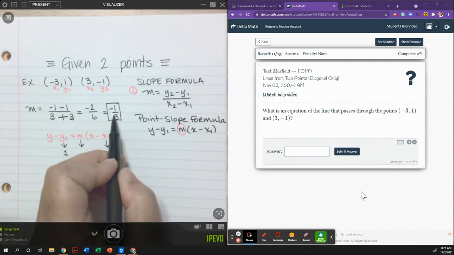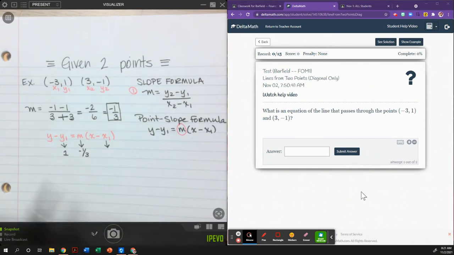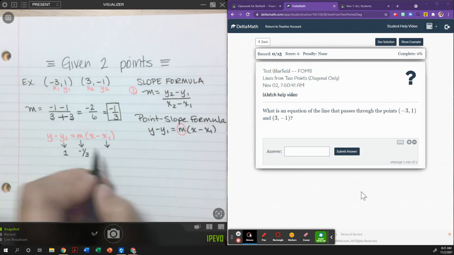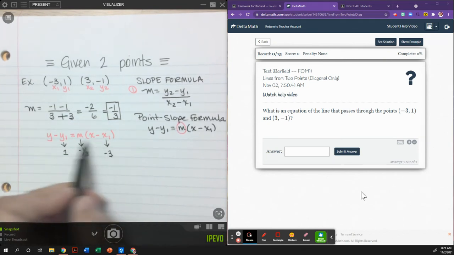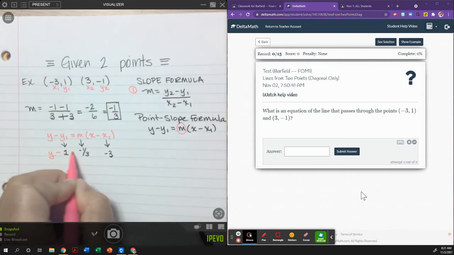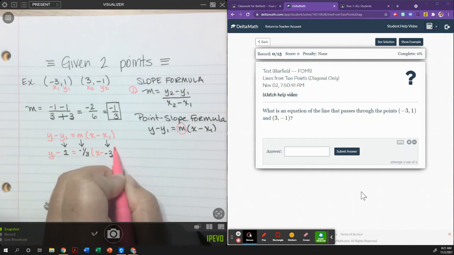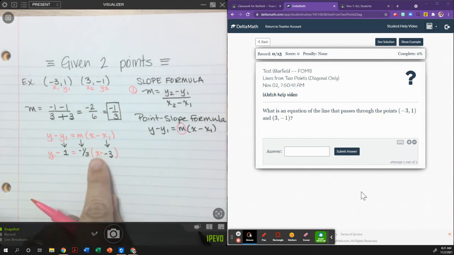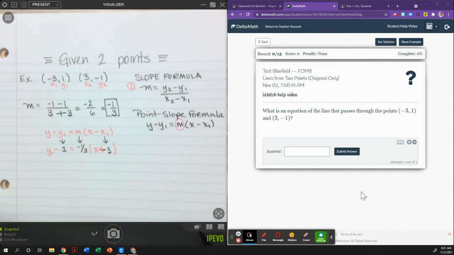M, we just found it, -1/3. And x1 is -3. Now I'm going to bring down the rest of the information just like we did. So y minus 1 equals -1/3 times parentheses x minus -3. We have 2 negatives here again, so I'm going to make that a plus.